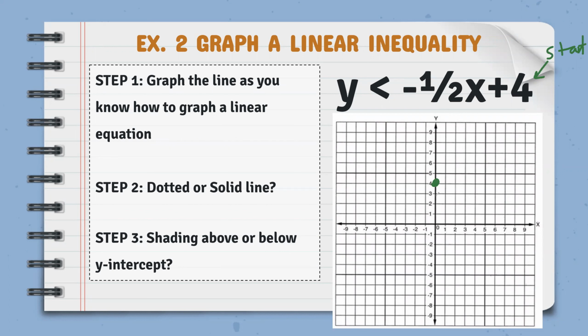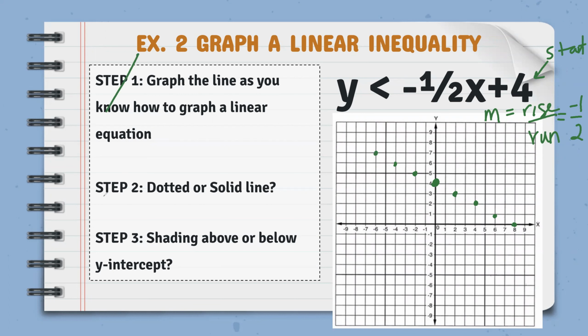That means I go down 1 over 2, because again, slope is rise over run. In this case, my slope is negative 1/2. So I'm going to go down 1 and right 2. Negative 1, positive 2. I can also go positive 1, negative 2. Okay, so that's my first step.